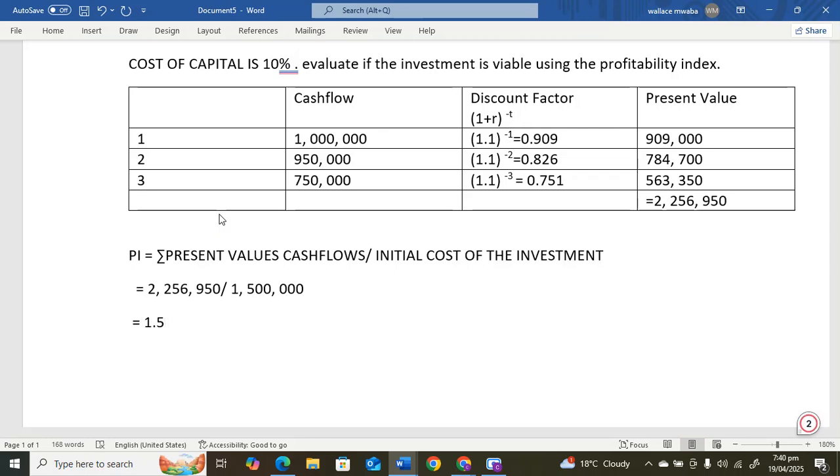That gives 1.5. So basically, for every one kwacha you invest, we're getting back 1.5 kwacha as our profit or our return. So we can accept, since the PI of 1.5 is greater than 1, meaning we're getting more than we put in.